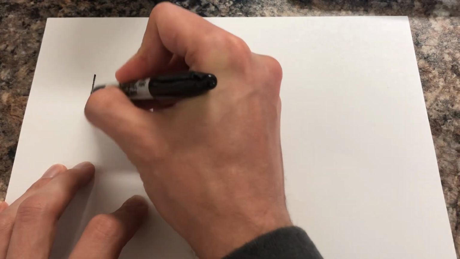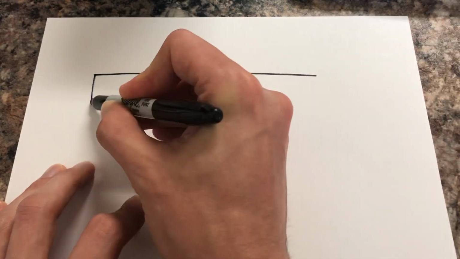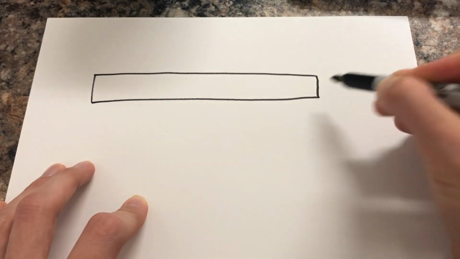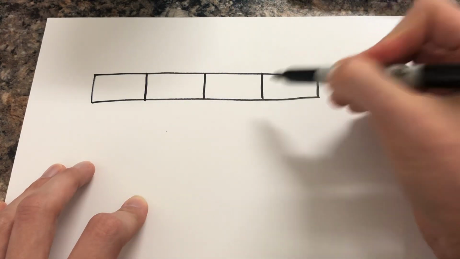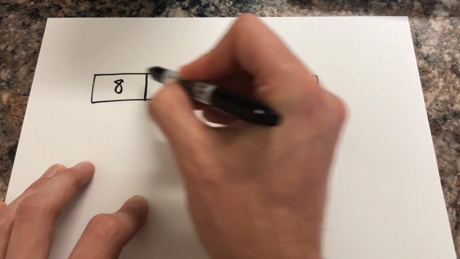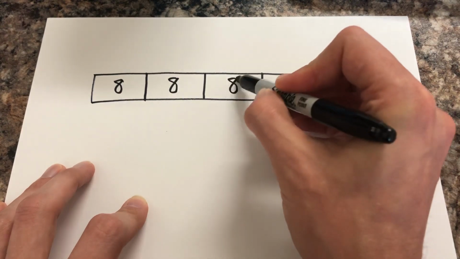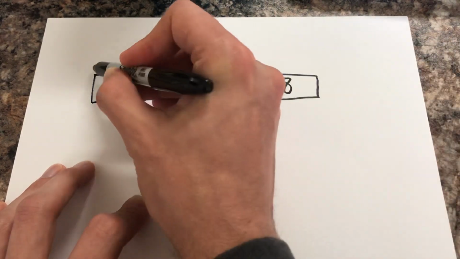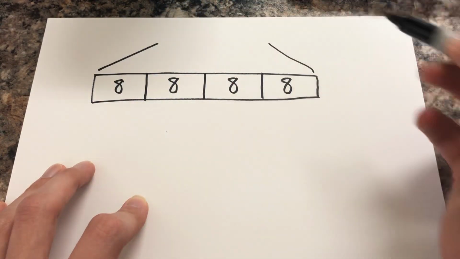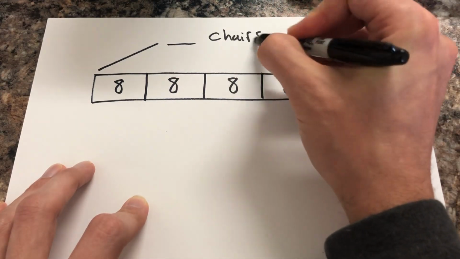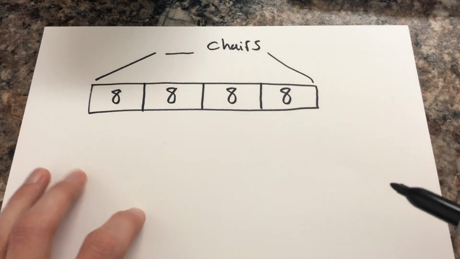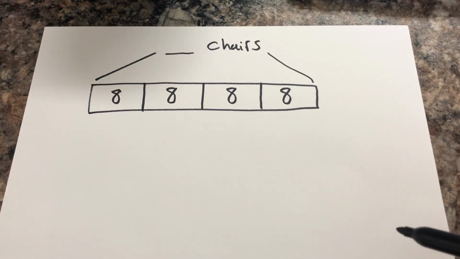Okay, so here's a tape diagram. Okay, we got 4 tables and there are 8 chairs at each table. I want to know how many chairs altogether. Well, I don't know how to count by 8s.